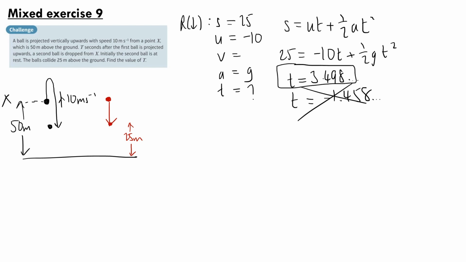Now if we look at the second ball in red, so resolving downwards again, SUVAT. So the distance it has travelled downwards is 25 again. The initial velocity is 0, the acceleration is g, and again we're trying to find the time.